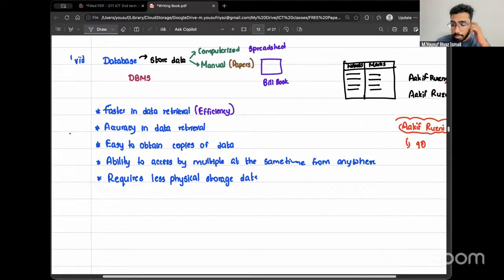Next, data analysis can be carried out efficiently, which means you can understand the data better.